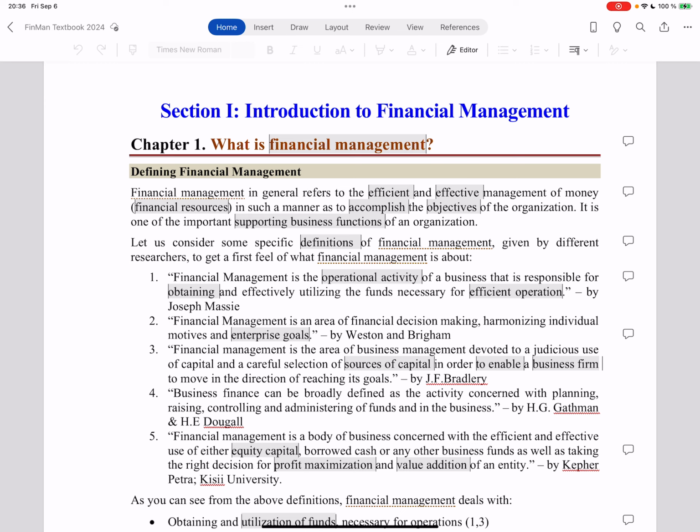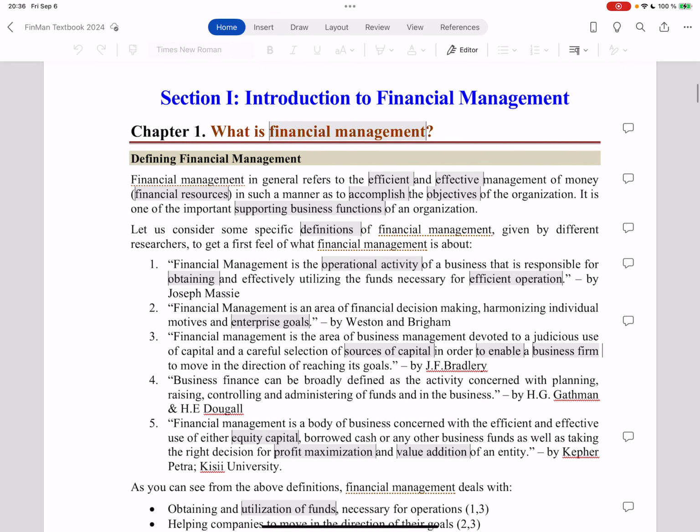Before we study the financial statements, we will first get the idea of what financial management is about and how a financial manager performs his duty and work. We will also talk about accounting. But in this class today, we will begin with chapter 1, what is financial management?